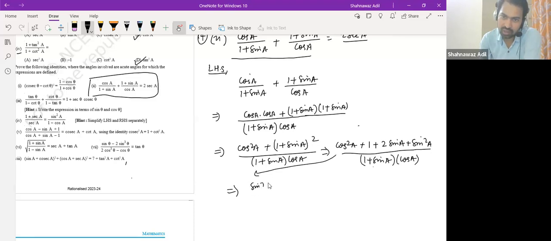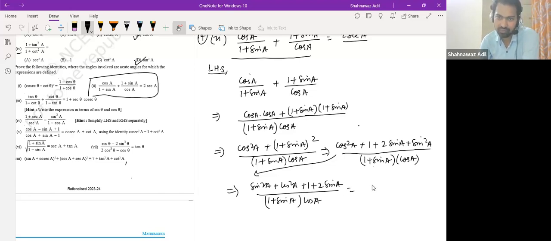Sin square A plus cos square A plus 1 plus 2 sin A, divided by 1 plus sin A and cos A. So sin square A plus cos square A is what? Yes, Amar. What is sin square A plus cos square A? It is 1, right?